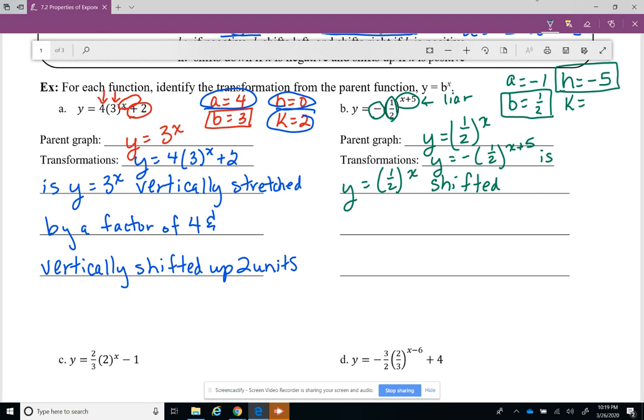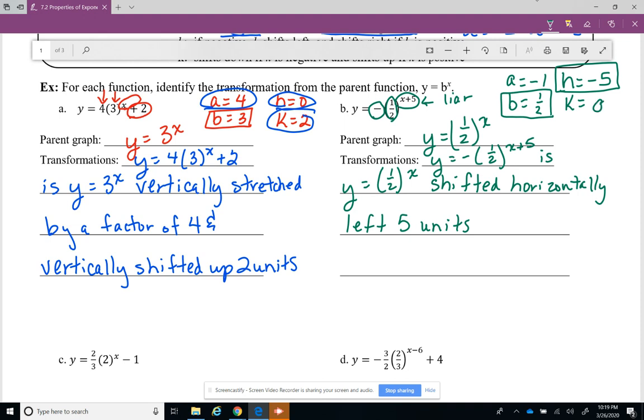It's a horizontal shift, because that's right and left, right? And since it's a -5, it's shifted horizontally left 5 units. You could say that a lot of ways, but that's a fine way to say it. All right, so we've taken care of that.